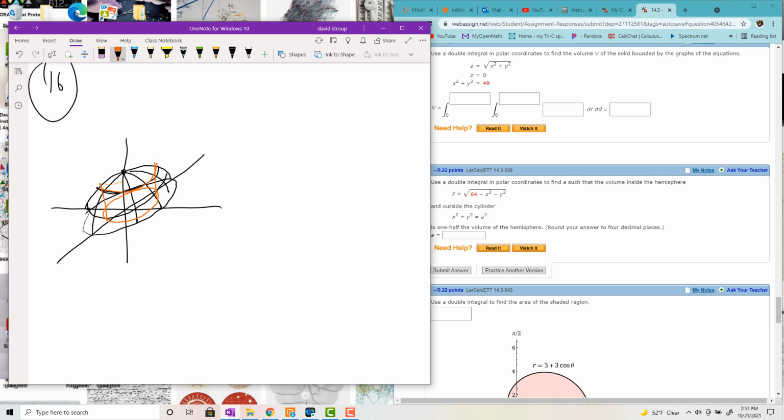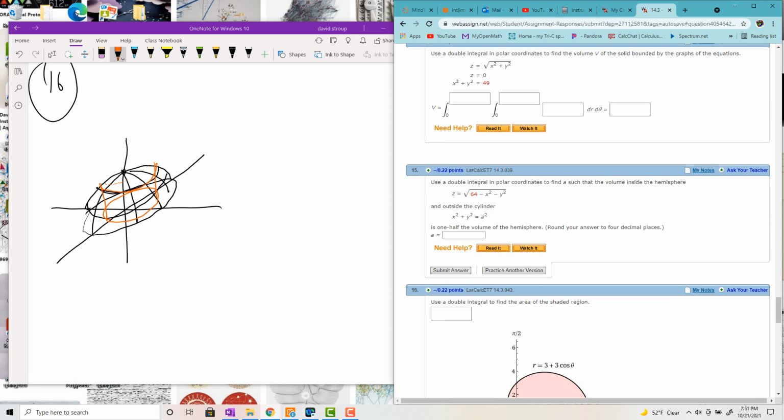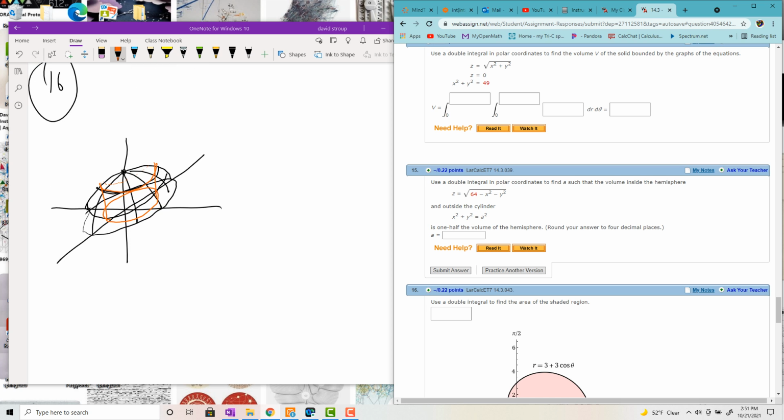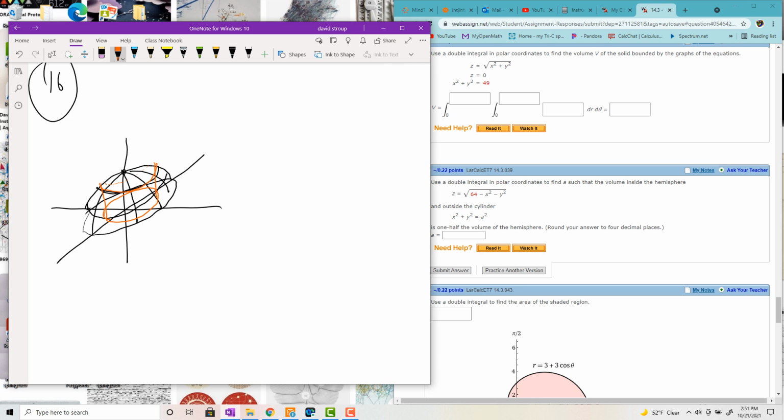So what do I want? I want the volume inside the hemisphere, but outside the cylinder. So what I'm thinking is just find kind of the volume under the hemisphere over this region where the cylinder leaves a trace in the xy plane, right?